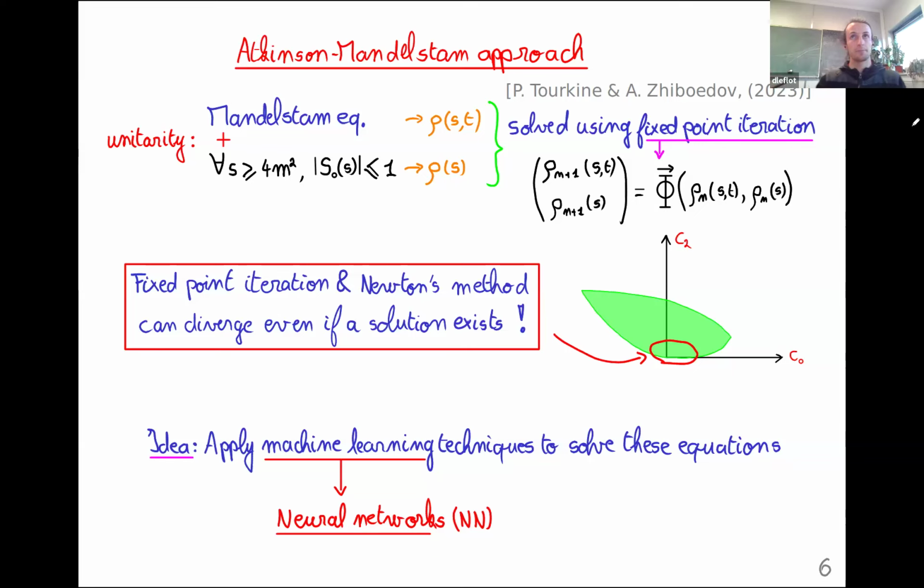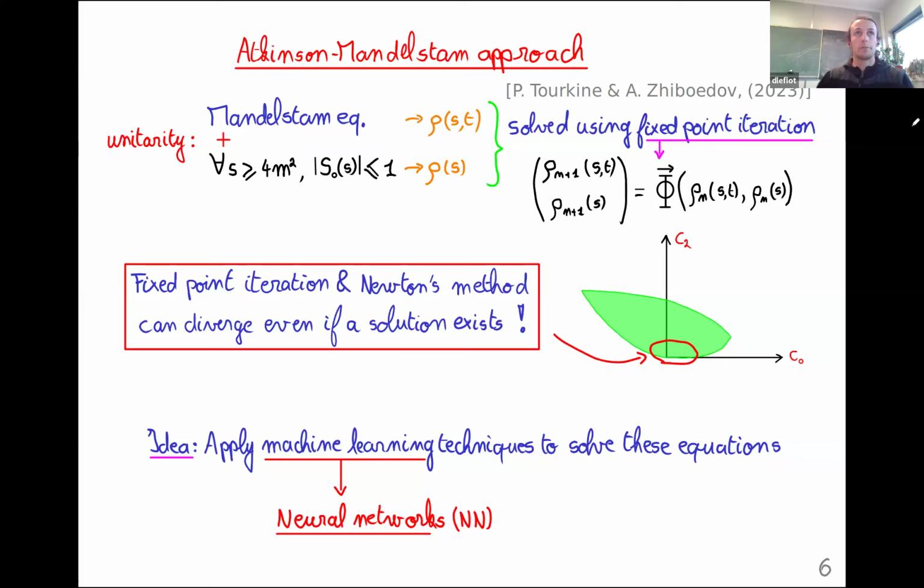So this is great, but the issue with the fixed point iteration method is that it only converges when the fixed point is an attractive fixed point. In fact, this does not depend on the existence of a solution. So for some solutions, the fixed point iteration method will diverge even though there exists a solution.